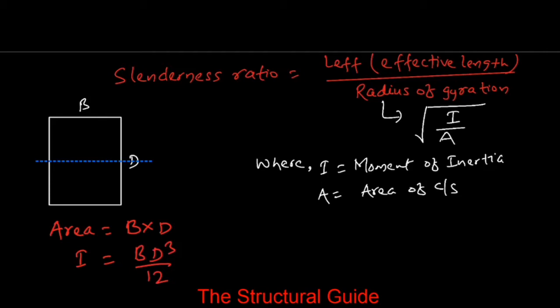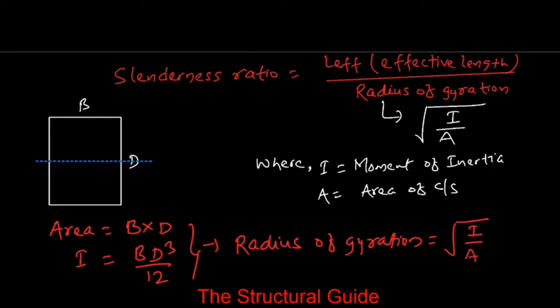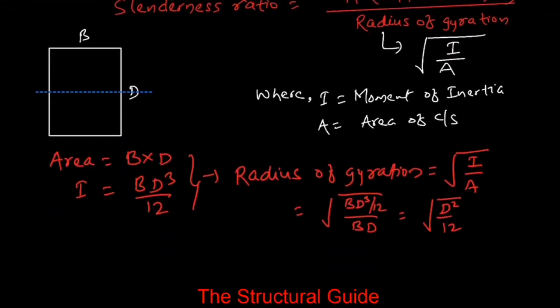So by using these two cross-sectional properties, that is area and I, you can calculate the radius of gyration. So for this case, radius of gyration is equal to under root I by A. So I is equal to BD³ by 12 and area is BD. So you can see here this is equal to under root D square by 12, so 1 by 2 root 3 D. So this is the way to calculate the radius of gyration.